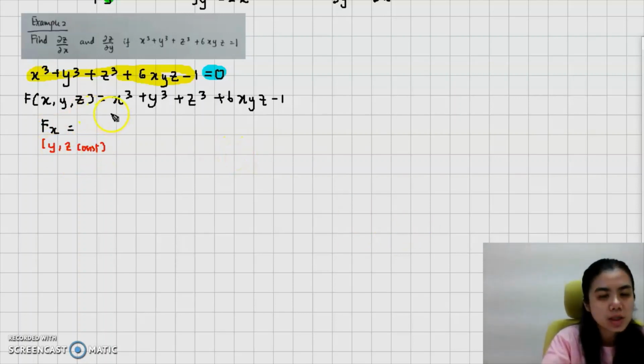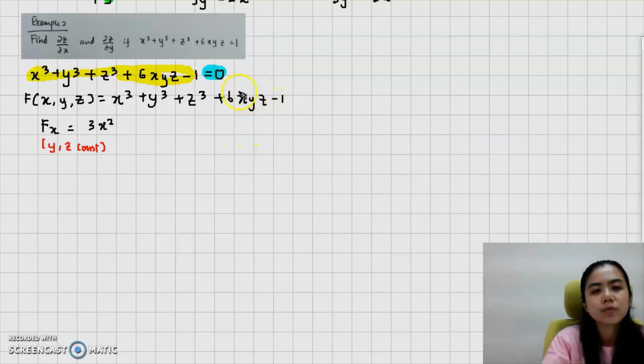If you differentiate this, you will have 3x squared, and this is constant, so we have a 0. This is also constant, so this is a 0. Then in here, you differentiate x, but we have a constant 6, and y and z are constant too.